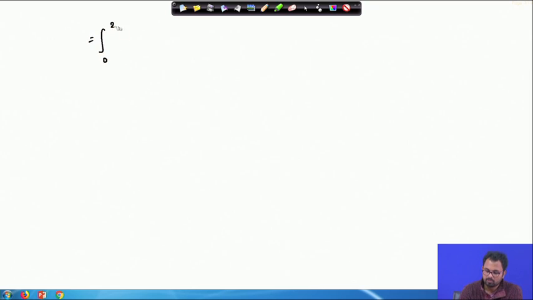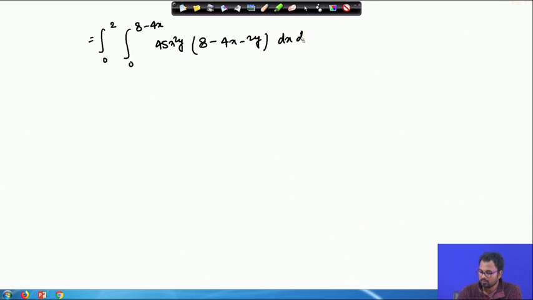the integral from 0 to 2, integral from 0 to 8 minus 4x, of 45 x square y times (8 minus 4x minus 2y) dx dy, and now we integrate with respect to y.